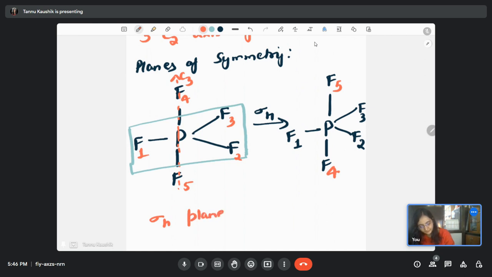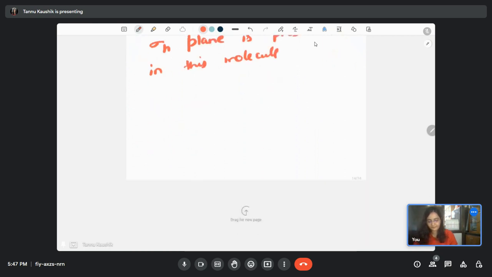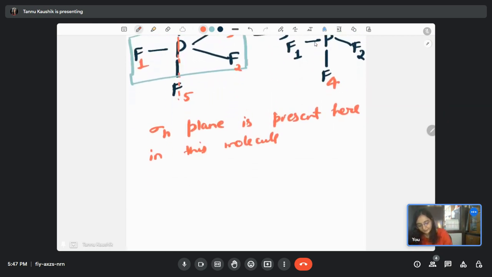So we have a sigma H plane here, and we have three sigma V planes present along each of these C2 axes.